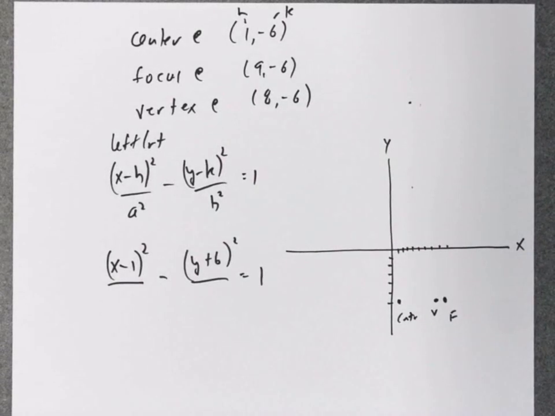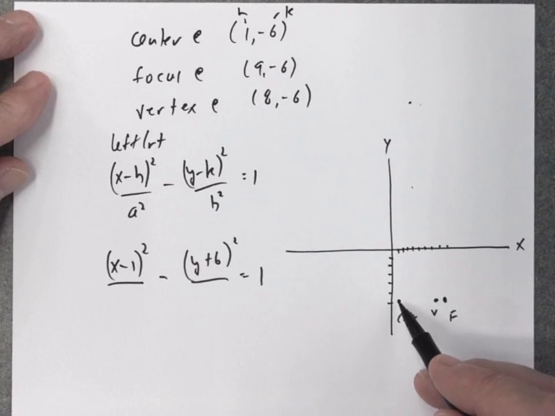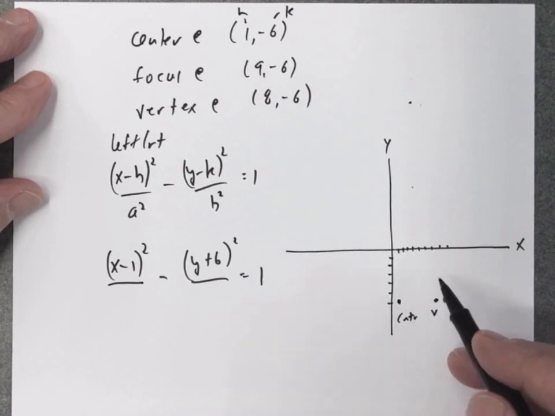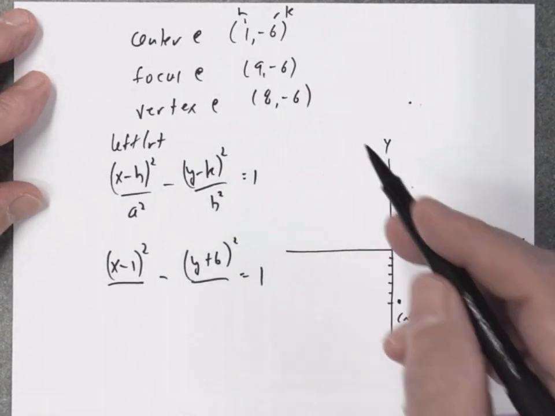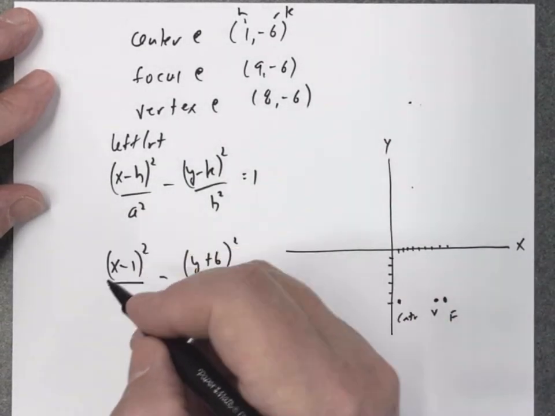Now, can I determine a and b? Well, I can determine a. This is from the center to the vertex. The center is at (1, -6). The vertex is at (8, -6). Obviously, it's 7. So if you square that, that's 49.